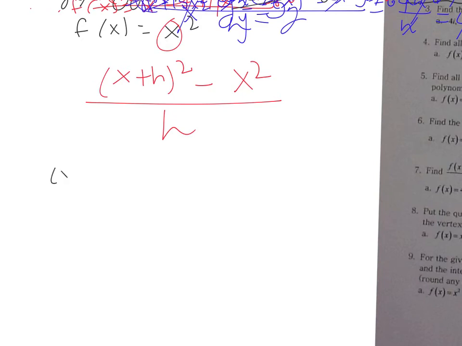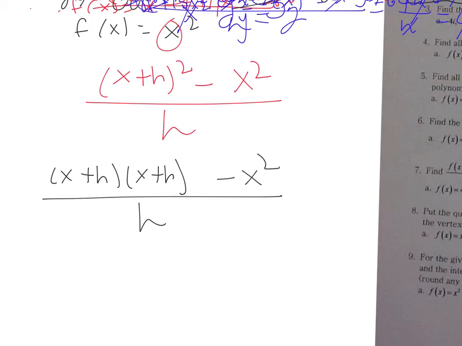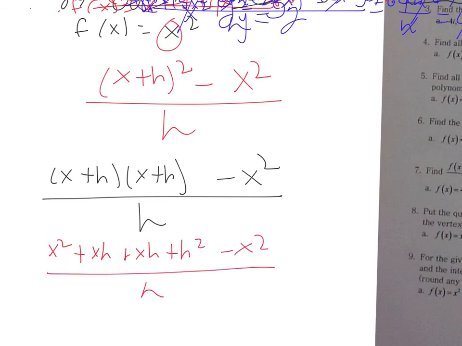All right, so x plus h times x plus h minus x squared over h. All right, so I have x times x is x squared, x times h is xh, x times h is xh, h times h is h squared minus x squared over h. All right, so I have x squared minus x squared.